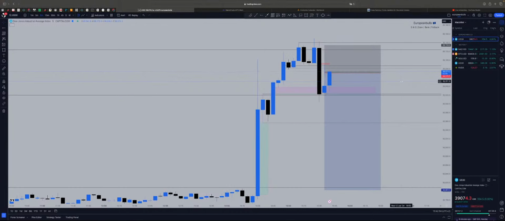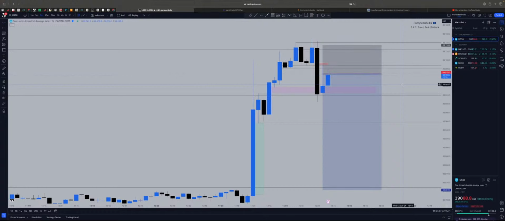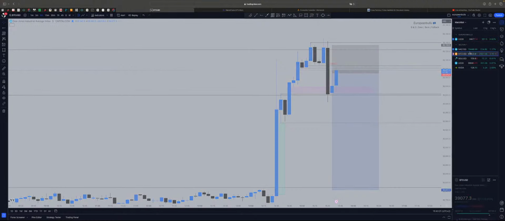Wait for this candle to see how it goes, or maybe it will just hit my stop loss, but it doesn't matter. That's how it is. I'll just wait for a while, because Nasdaq is going to skyrocket.